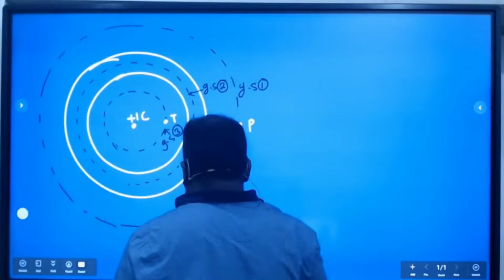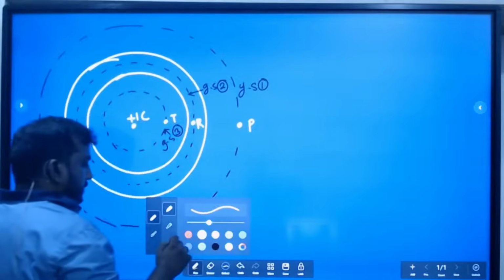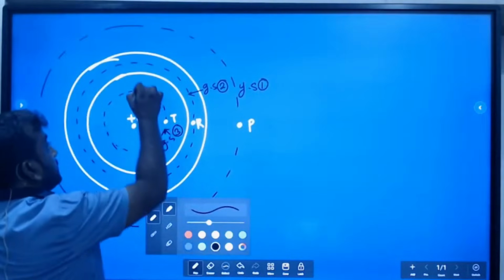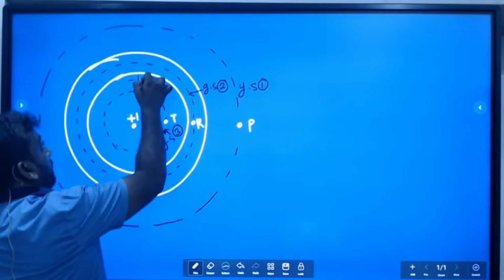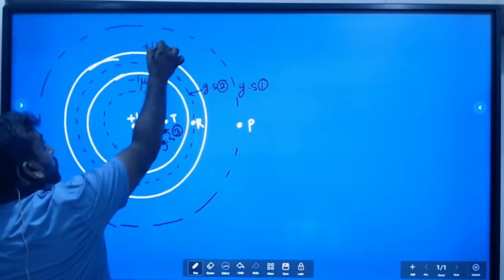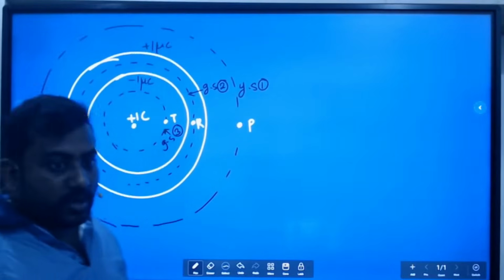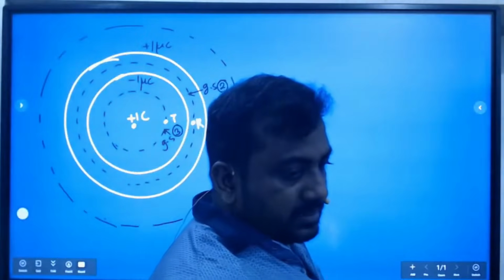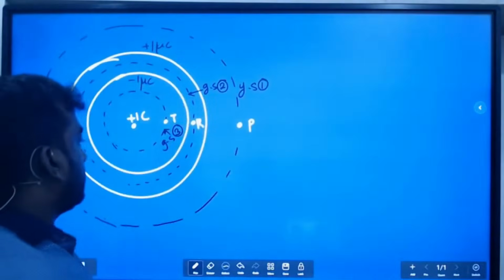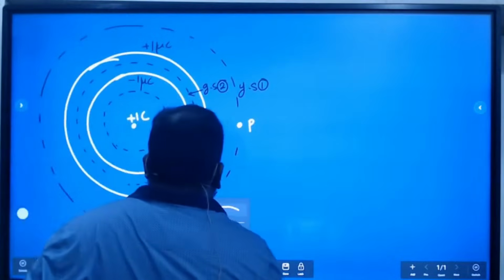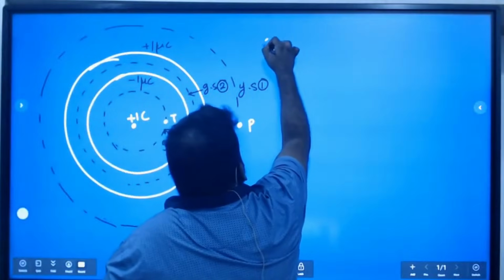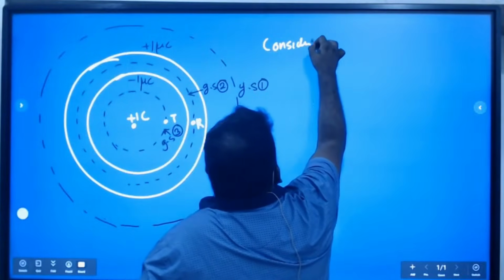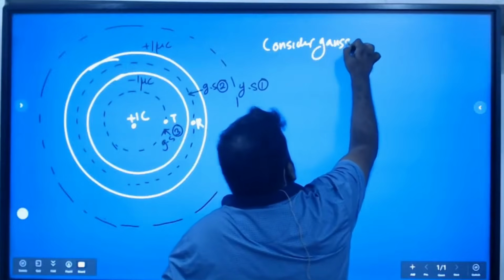So here, induced charges: minus 1 microcoulomb, plus 1 microcoulomb. I'm sure you all can see that. Look at the board carefully. Consider Gaussian surface 1.